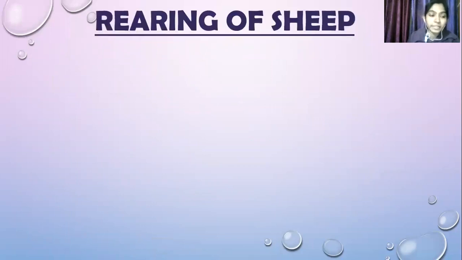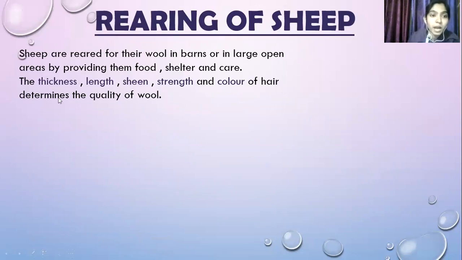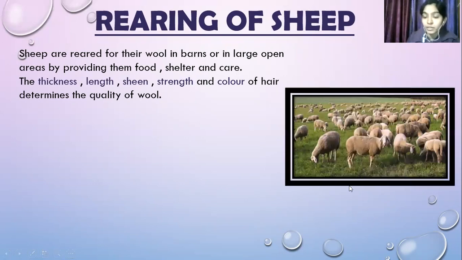Okay. So what is rearing of sheep? Sheep are reared for their wool in barns or in large open areas by providing them food, shelter, and care. See, in a large barn or open area, when the sheep are cared for by providing them food, shelter, and medical care, this is called rearing of sheep.